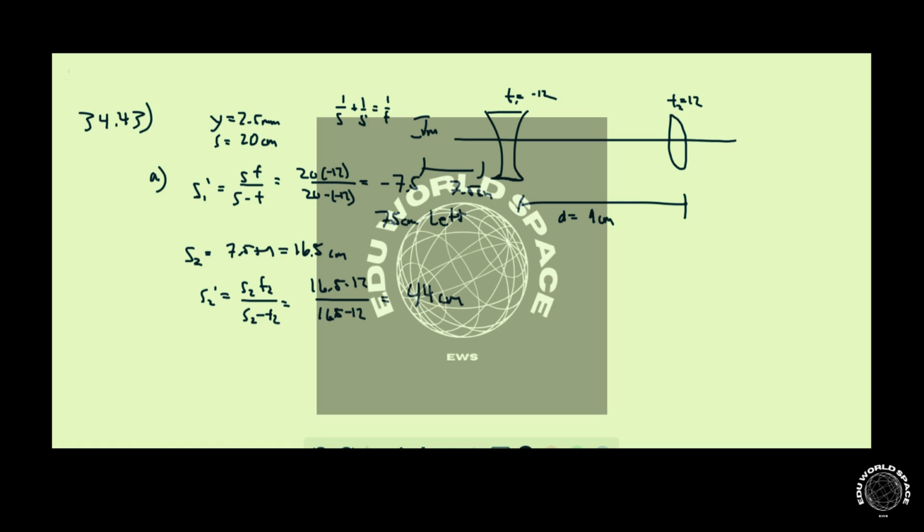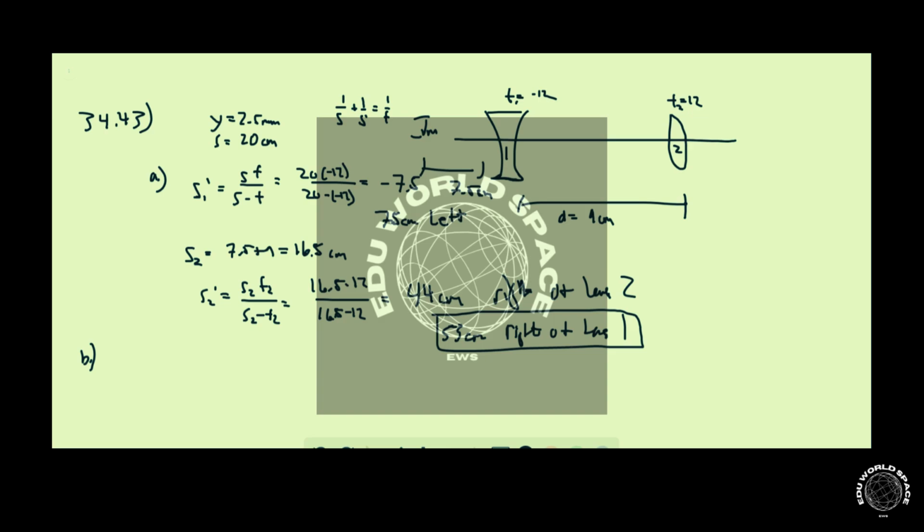So if this is 44 centimeters to the right of lens 2, then to get how far we are from lens 1, we have to add on 9. So this is 53 centimeters right of lens 1. Let me label these lenses here. That's 1, that's 2.